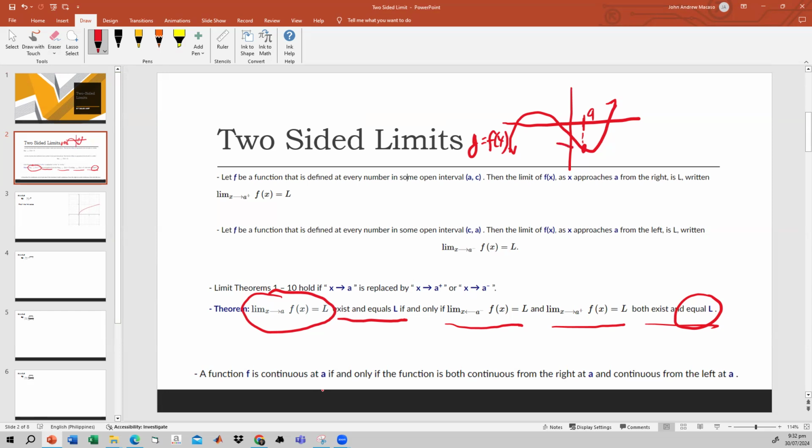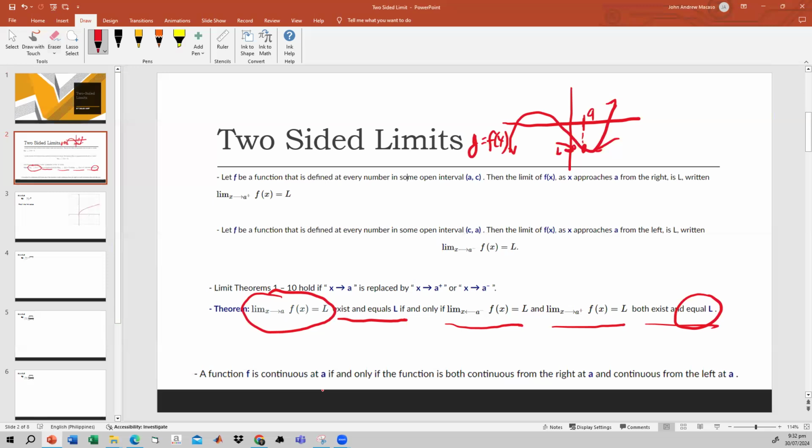So you need to check the behavior from the left of a and from the right of a as well. As you can see here, there's exactly one L that they are approaching. They are approaching the same value of L here.